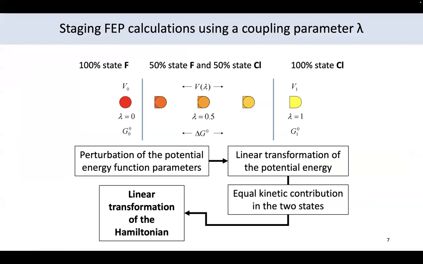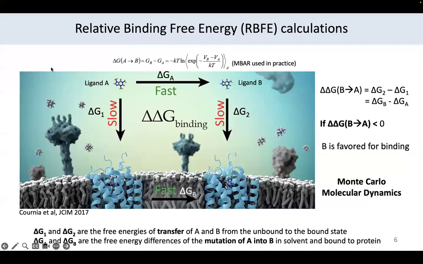And actually, these calculations start by mixing essentially the parameters of the two end states. So if we have ligand A and ligand B, let's say that they differ by a halogen atom. This one has a fluorine atom and this one has a chlorine atom.